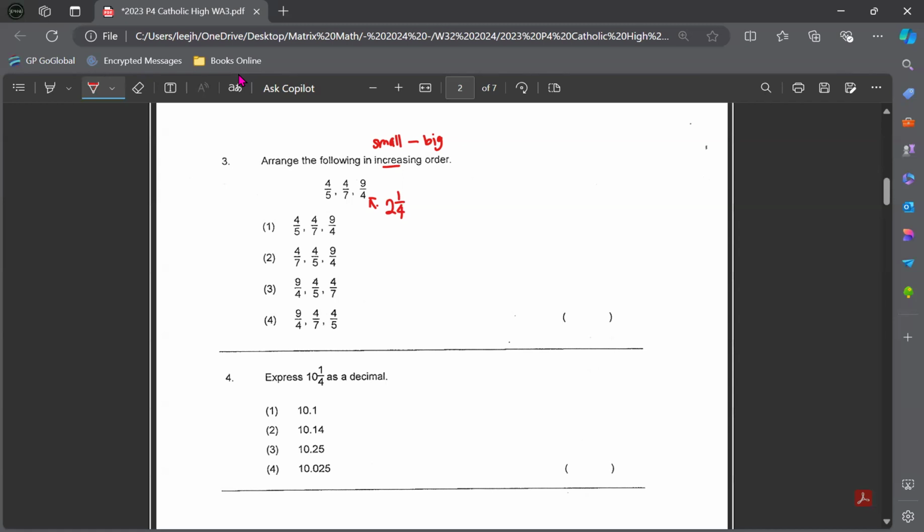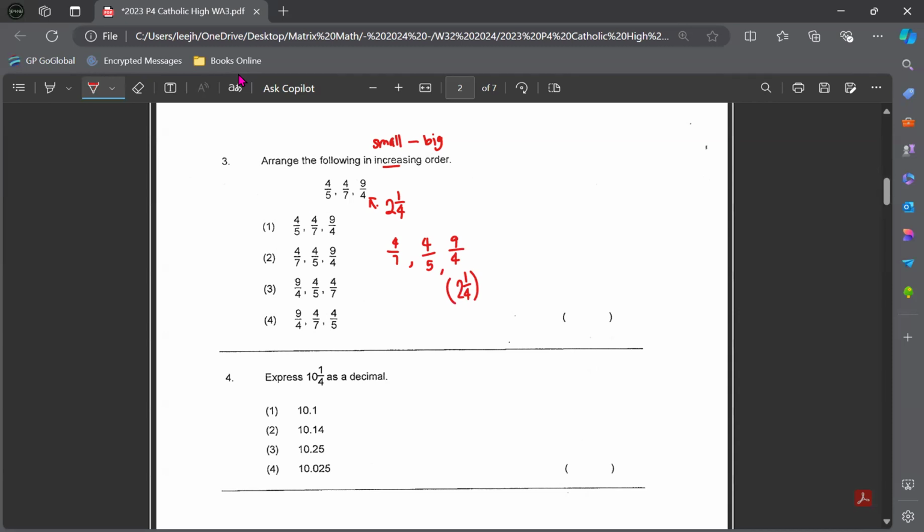So when we arrange, we need to write down the original value given. So look at this, 4/5 and 4/7. Which one is actually smaller? It is definitely 4/7. Okay, so 4/7 followed by 4/5. Then the last one will be 9 over 4, because 9 over 4 is actually 2 and 1/4.